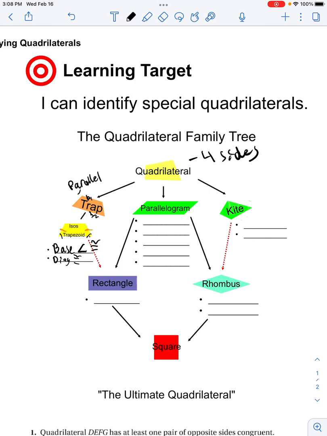Parallelogram is probably the most broad term besides a quadrilateral. There's a lot of things that happen with a parallelogram. We have opposite sides being parallel. Again, 2 straight lines up in the air is the symbol for parallel. We have opposite sides being congruent. We have opposite angles being congruent.